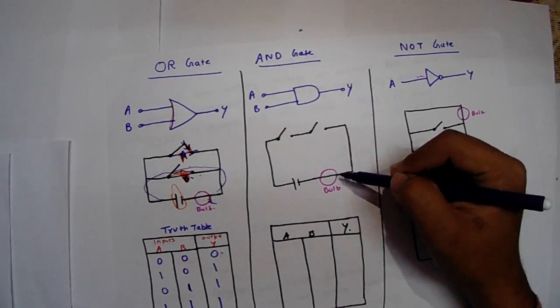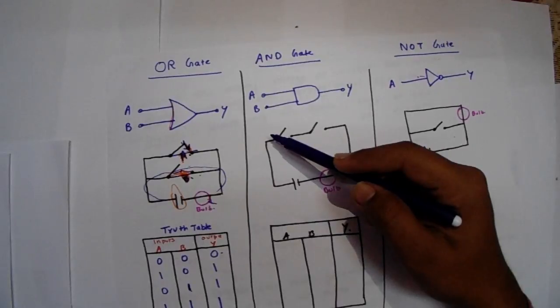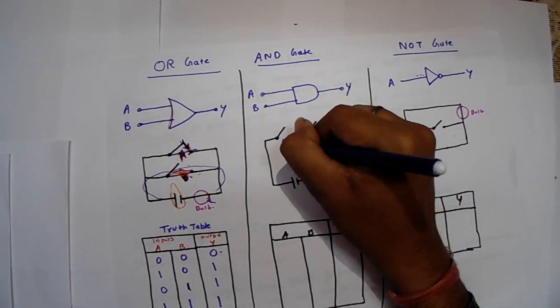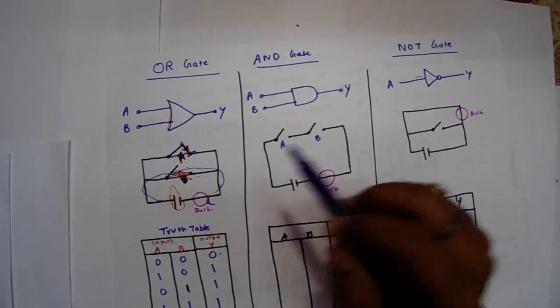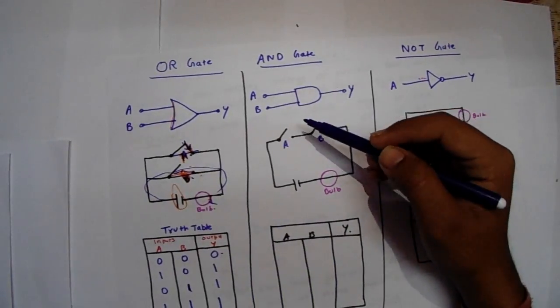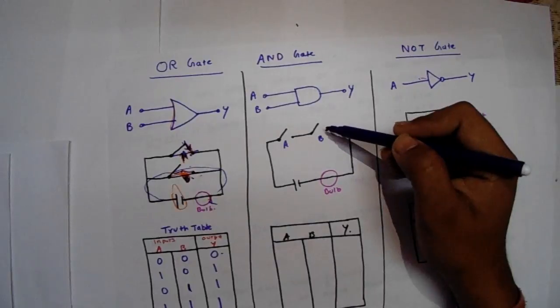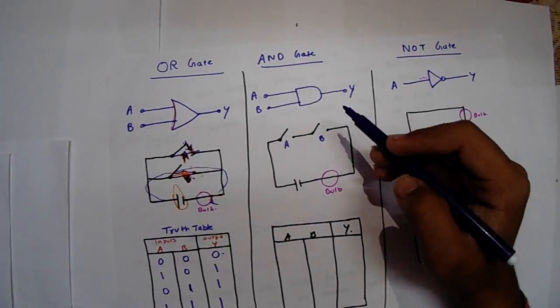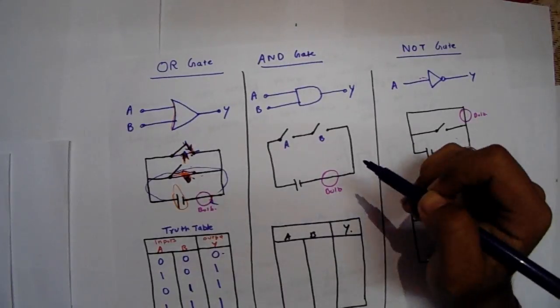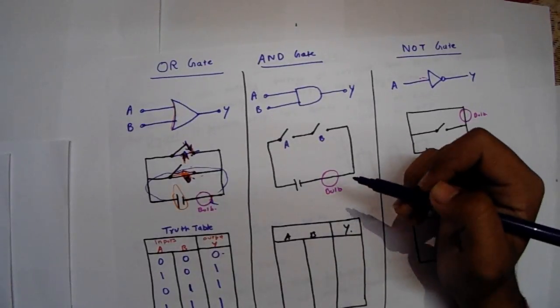There is a similar bulb, but the circuit this time has A and B switches in series, not in parallel like the OR gate. In series, you have to put both the switches in a closed position so that the bulb glows. Otherwise the bulb is not going to glow.